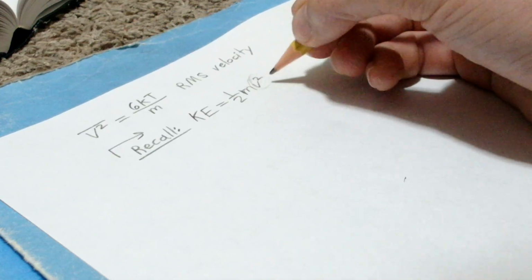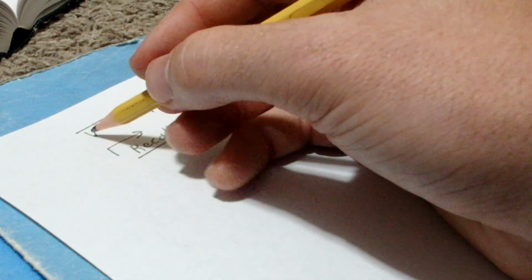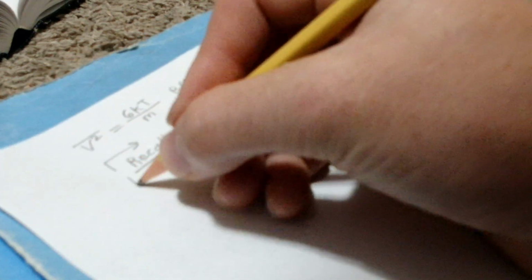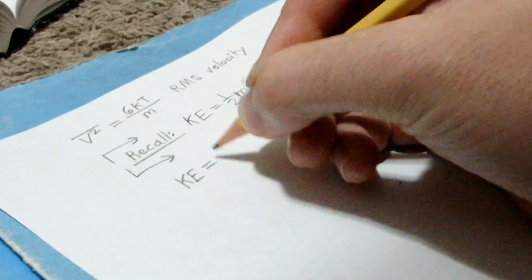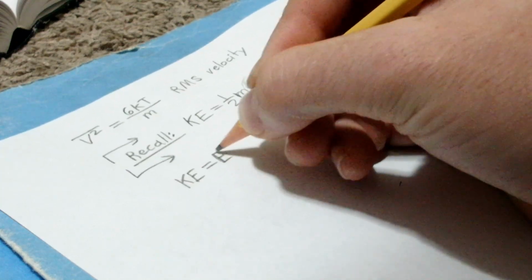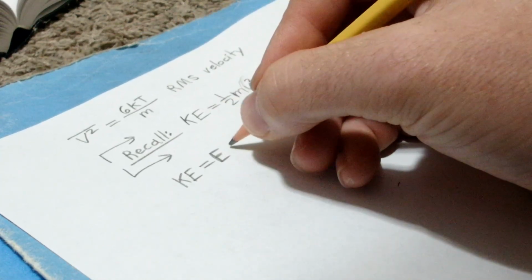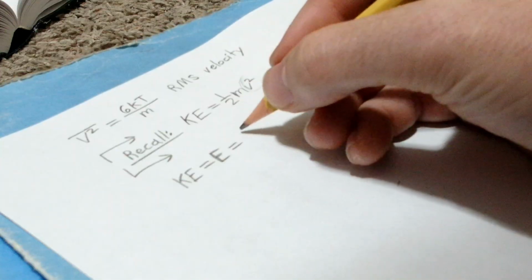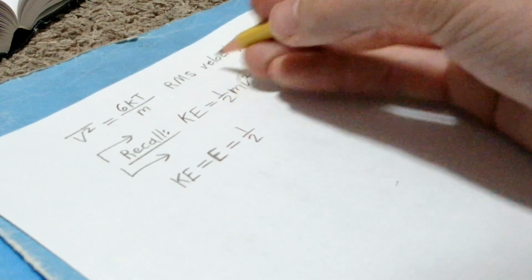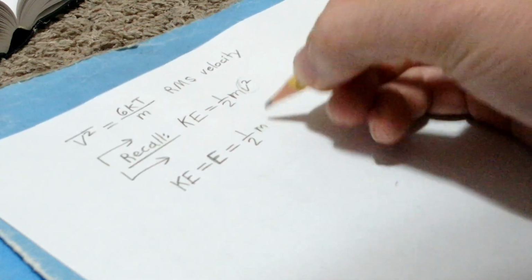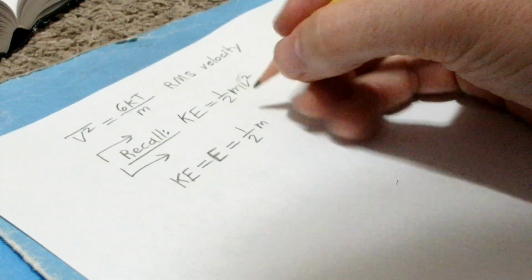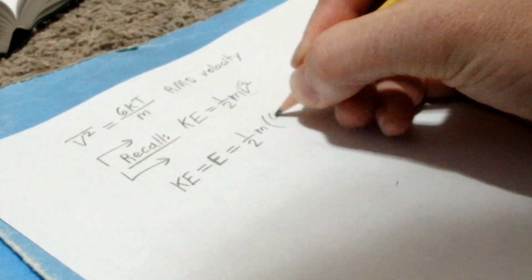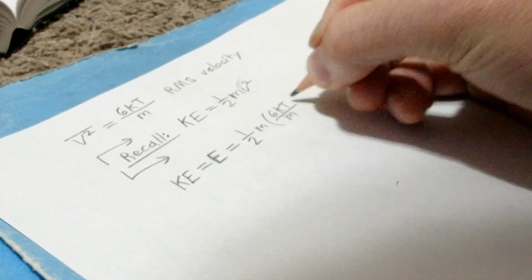And this velocity squared here is our RMS velocity. I am going to write KE as E. Kinetic energy, they are all energy. So if we were to plug in our RMS velocity into kinetic energy, then we will have 1/2 m times 6 kT over m.